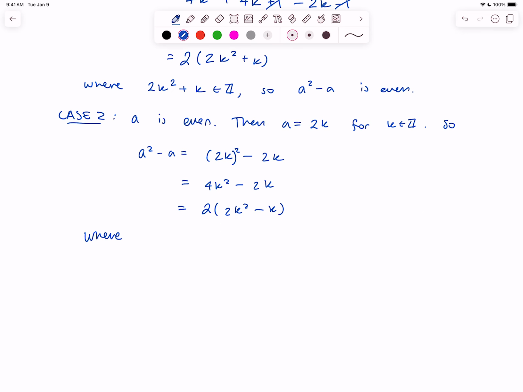So now we need to say that this thing inside here is an integer, where 2k squared minus k is an integer. So A squared minus A is even. The result holds in both cases. So that concludes our lemma.